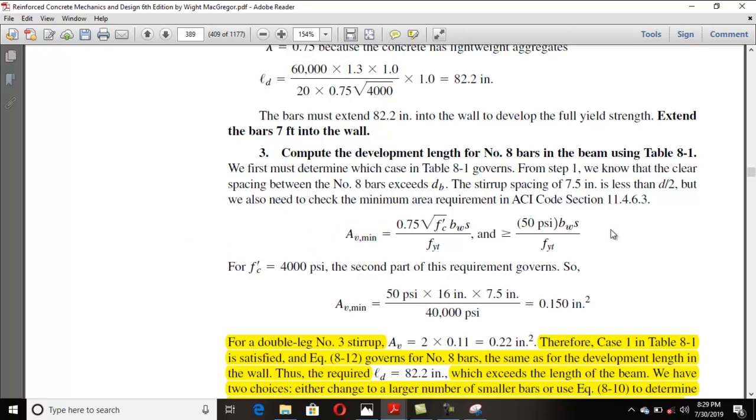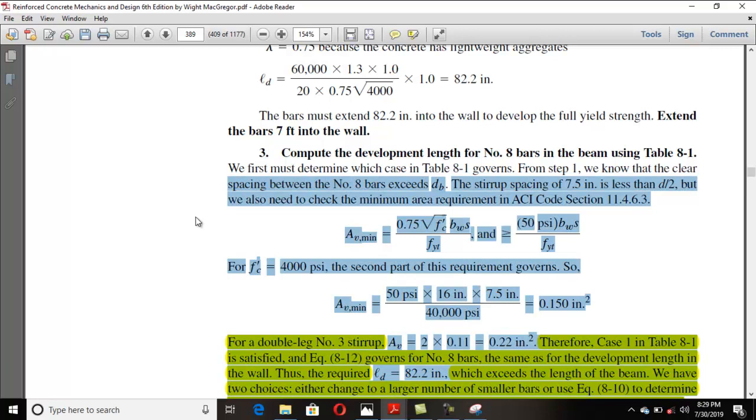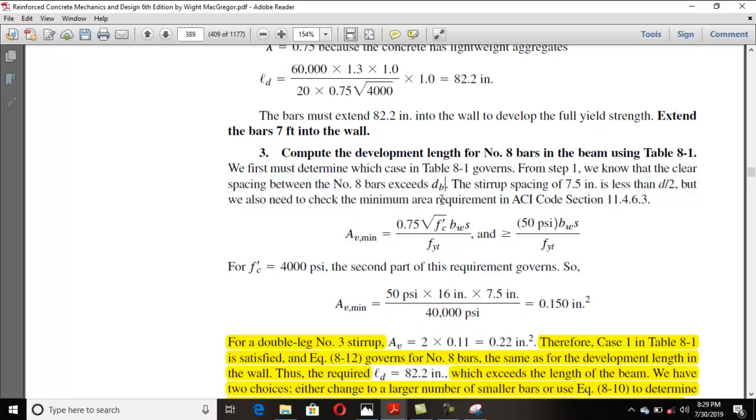From here it says we know that the clear spacing between the number 8 bars exceeds dB. Okay, this is clear, we know that the spacing between the bars is more than dB, and that is also more than 2 dB. The stirrup spacing of 7.5 is less than d by 2.